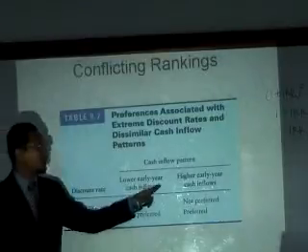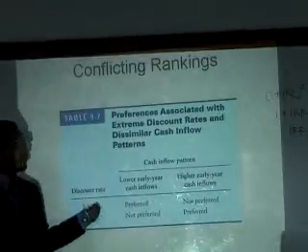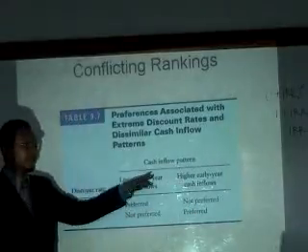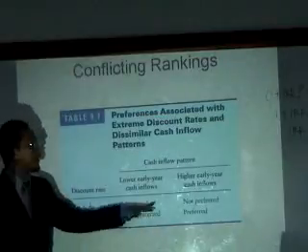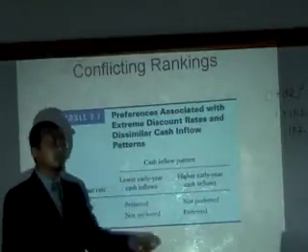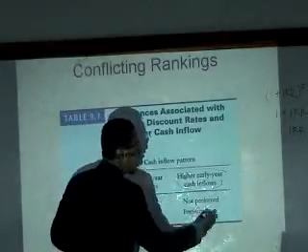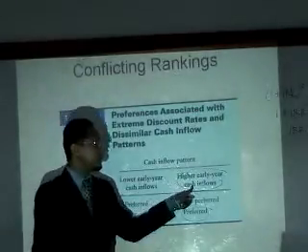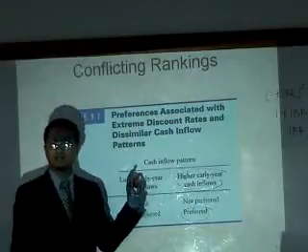But if you have a high early year cash inflow but a low discount rate, you reject. And if you have a lower early year cash inflow but a high discount rate, you do not prefer. But when you have a high early cash inflow and high discount rate, you prefer. You can always remember this one only. High discount rate, high early years, you prefer. The rest is vice versa, right?